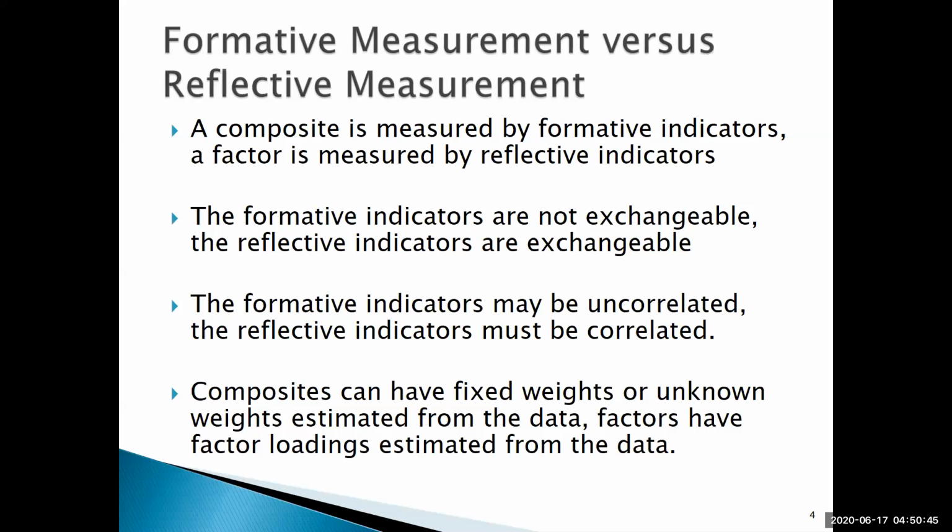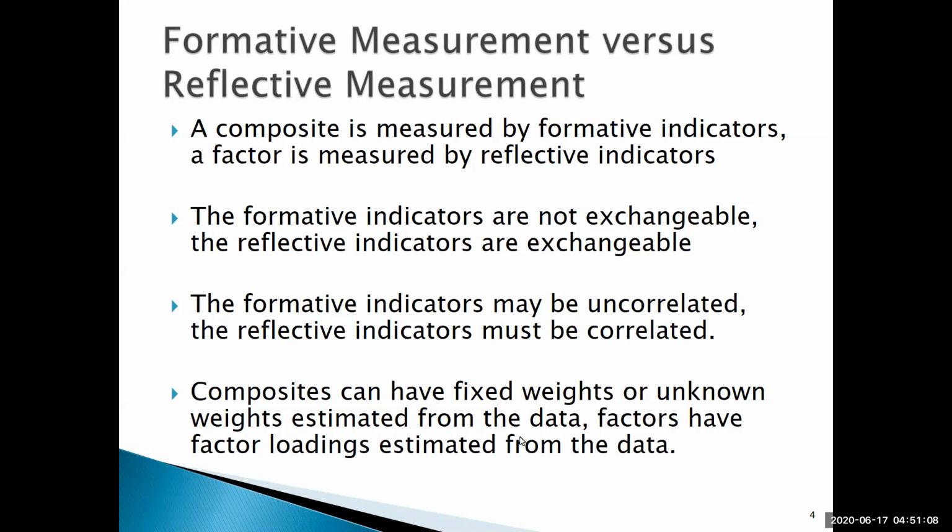This is called formative measurement, and using indicators of a latent variable is called reflective measurement. So here is a summary of the differences that I already explained. A composite is measured by formative indicators, factors are measured by reflective indicators.